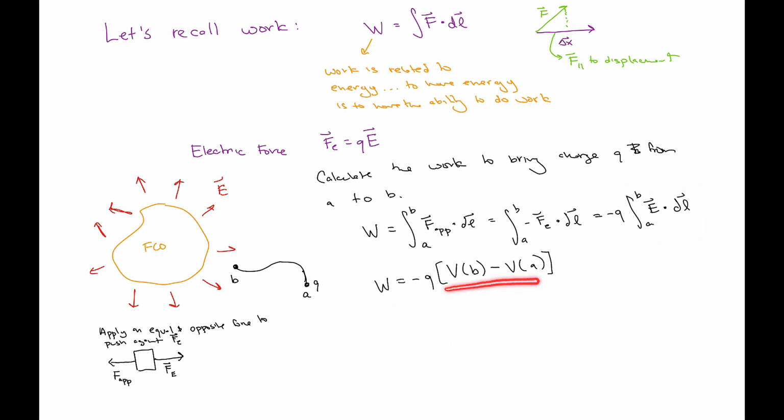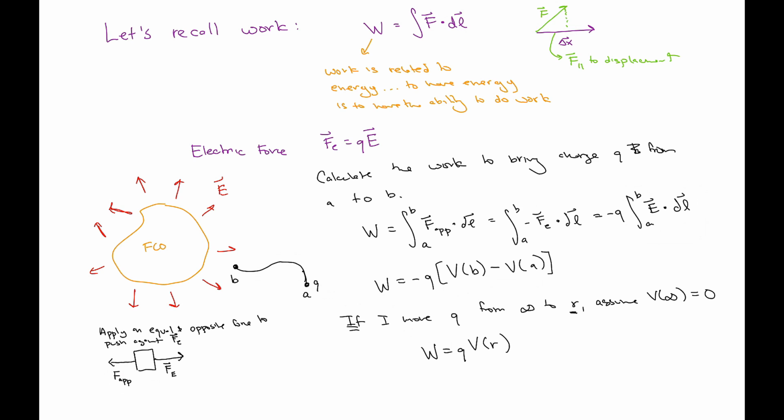So I can generalize this and say if I move my charge from infinity to some r, and I assume that for this charge distribution it makes sense to say the potential at infinity is 0, then I can calculate the work just as Q times the potential at the end value where I move the charge to.